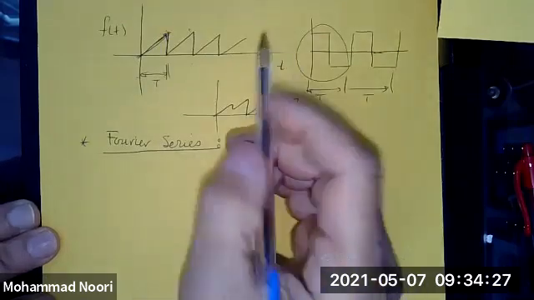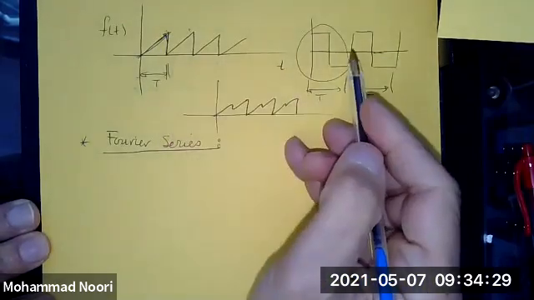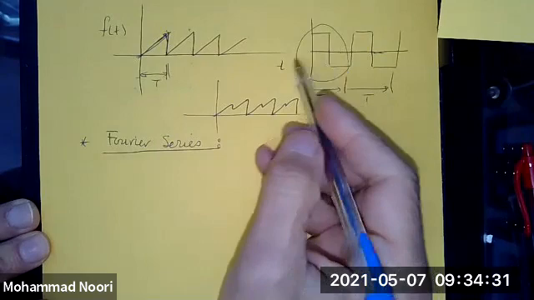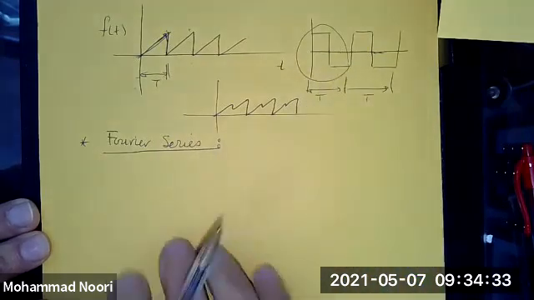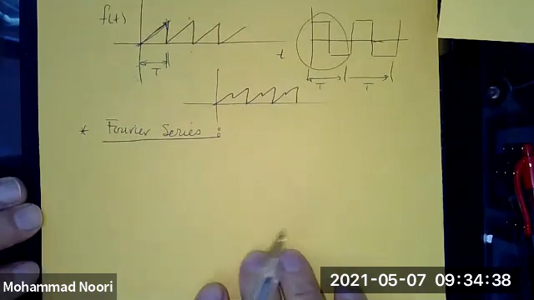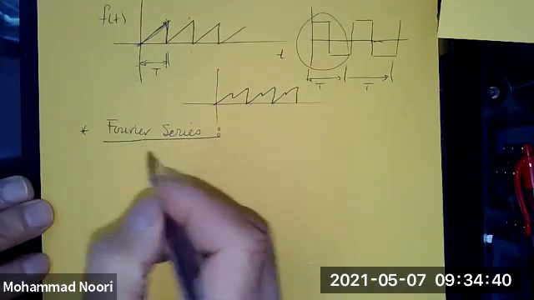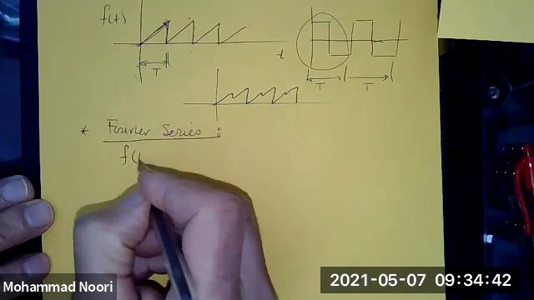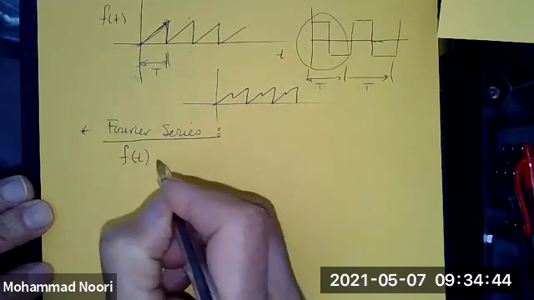He demonstrated that if you have a periodic function, that periodic function can be approximated in the form of an infinite series. And this infinite series looks like this.